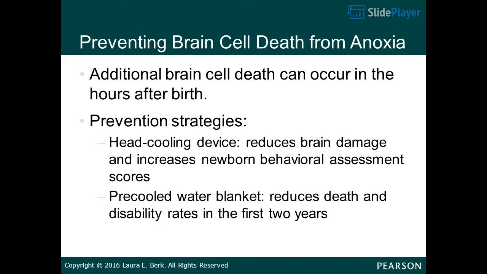Additional brain cell death can occur in the hours after birth. Prevention strategies: a head cooling device reduces brain damage and increases newborn behavioral assessment scores. A pre-cooled water blanket reduces death and disability rates in the first 2 years.